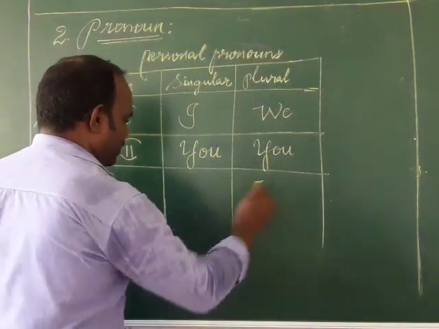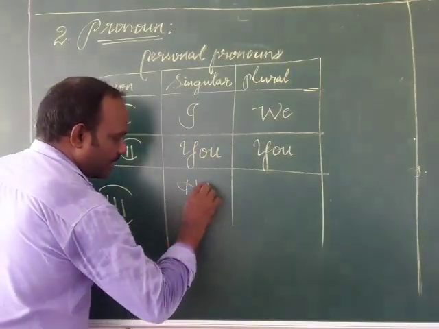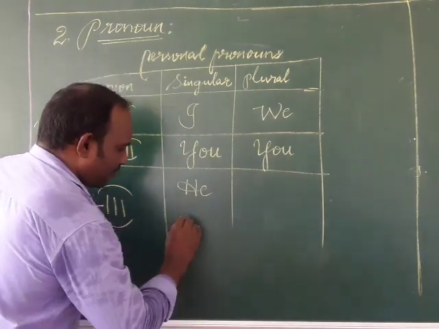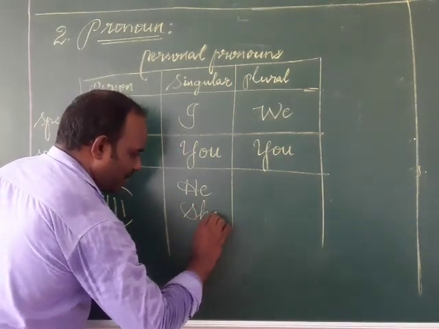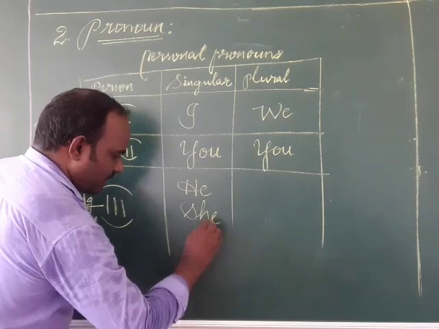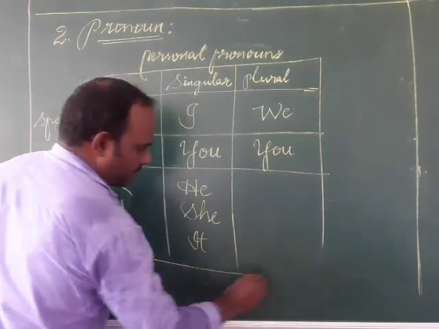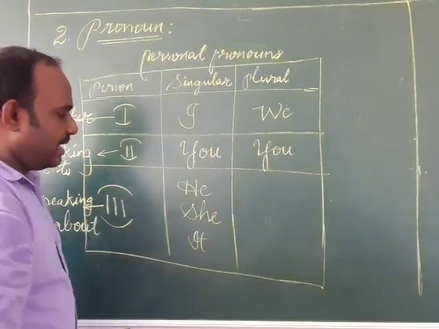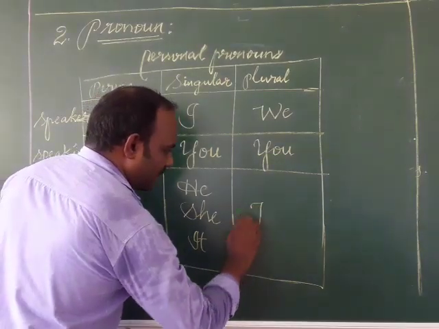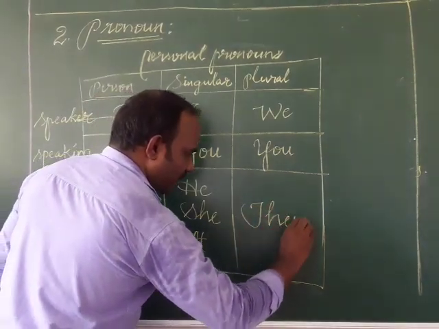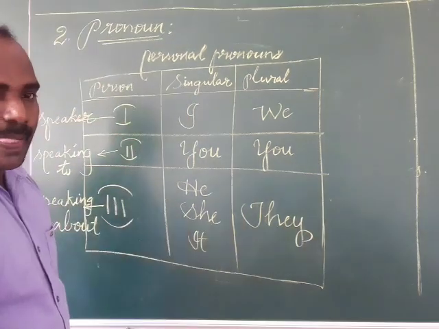Third person singulars: he, she, it, and third person plural, they. Okay?